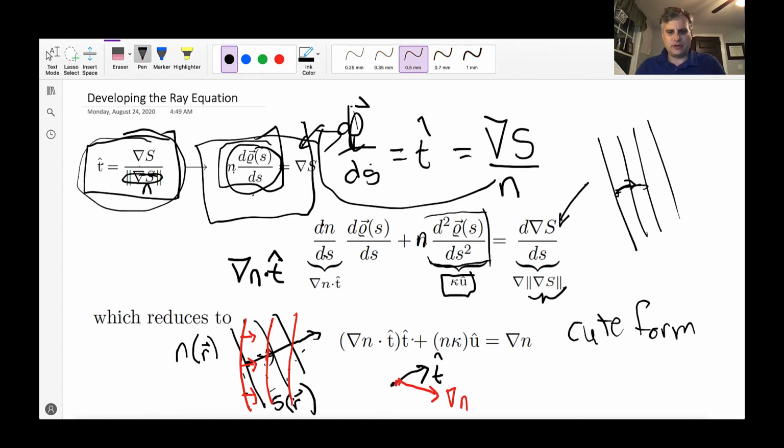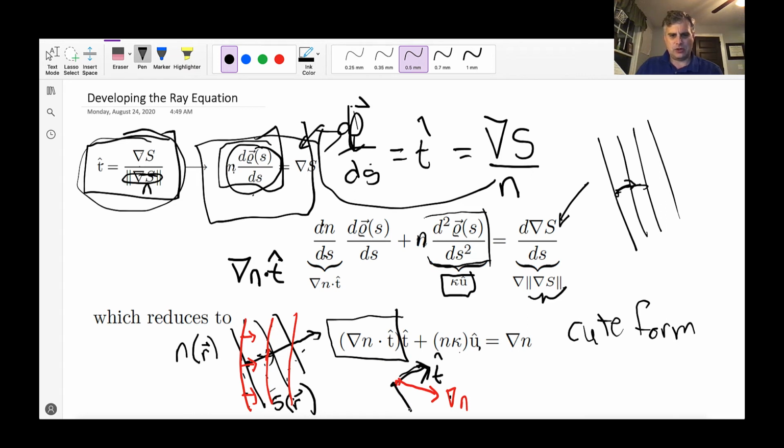And this beautiful little equation gives me a tool for calculating what u and kappa should be. From this, all I have to do is project that gradient into the t direction. That's my t component.